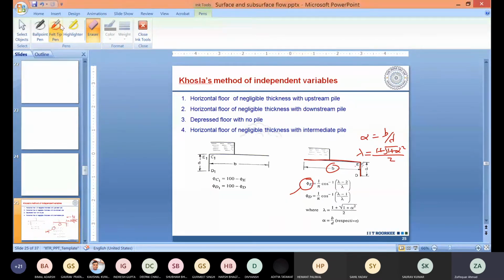I mean some percentage, right? So it is better to write here the percentage. I mean this is the percentage of the total head. Okay, and for this, phi E is 1 by pi cos inverse of (lambda minus 2 by lambda), and the phi D is equal to 1 by pi of this. Could you tell me what is the value of the phi C here? The equation is not given here.